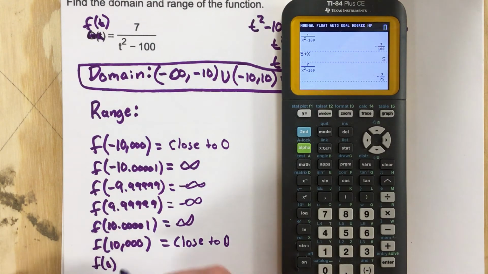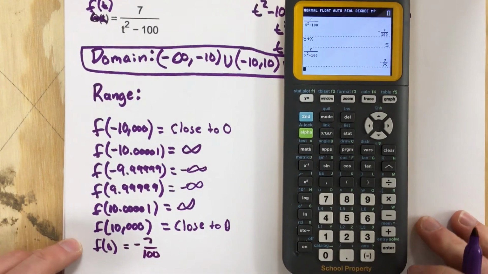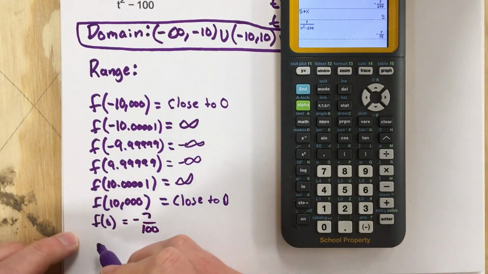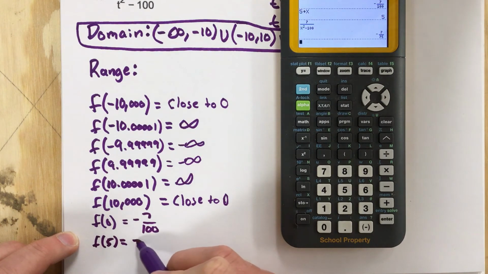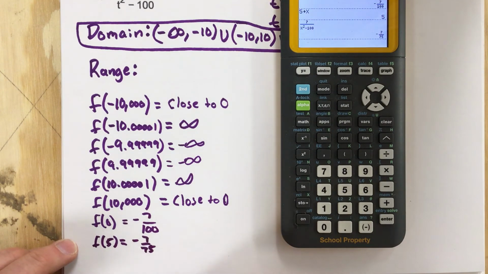So this gave me negative 7 over 100. And then I go ahead and grab f of 5, and it gives me negative 7 over 75, which is a larger number, right? Well, sorry, this is a smaller number.